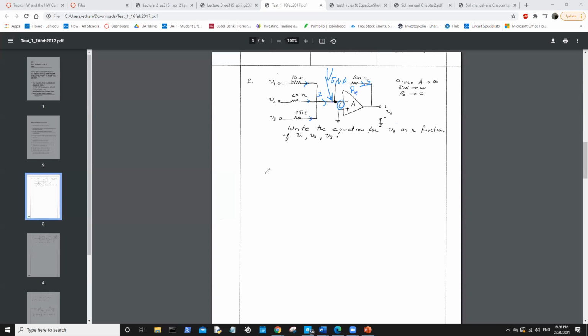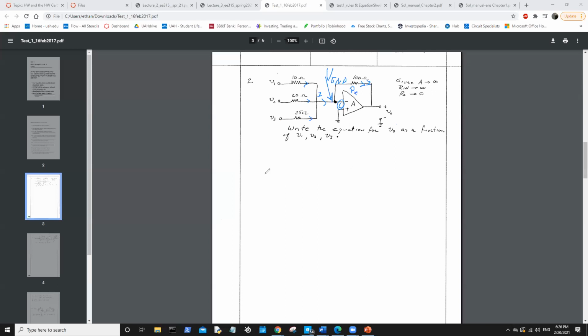I just didn't distribute. So I actually have a negative value because it's inverting.